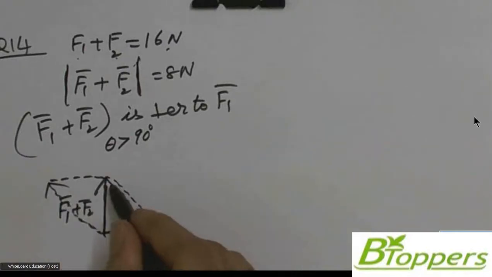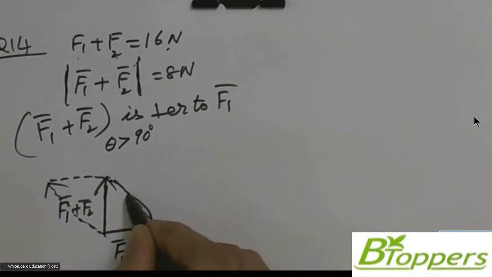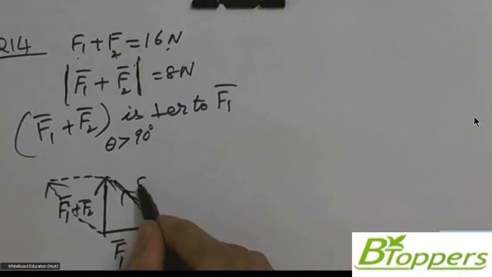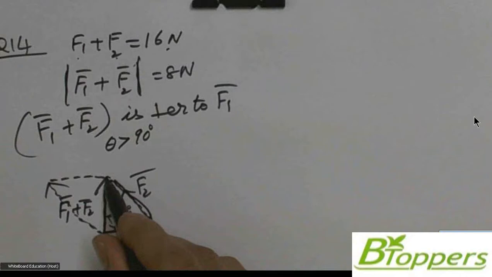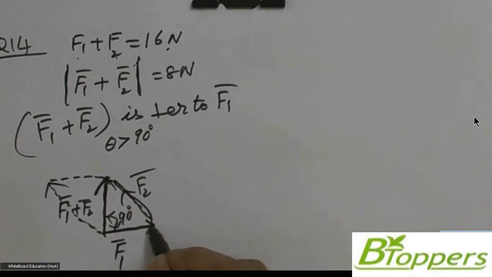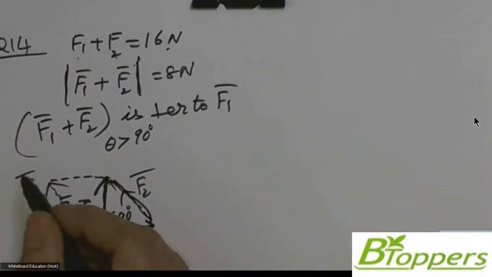So this is F2 bar, or you can as well show here F1 bar plus F2 bar acts perpendicular to F1 bar. So the length of this side gives you the magnitude of F1 bar. Length of this line gives you the magnitude of F1 bar plus F2 bar. Length of this side gives you F2 bar.